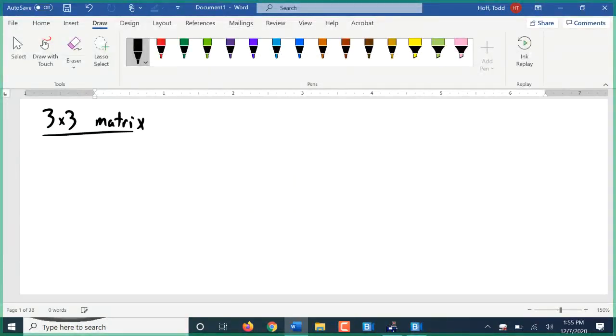When I get to a 3 by 3 matrix, there are 2 options. I'm going to show you the simplest option first. So again, I'm using the straight brackets, which implies that we're finding a determinant.